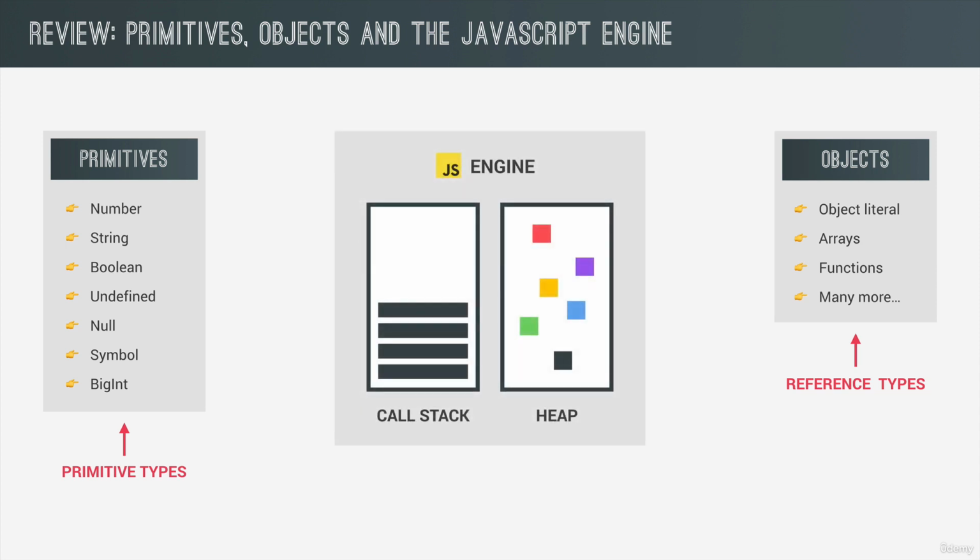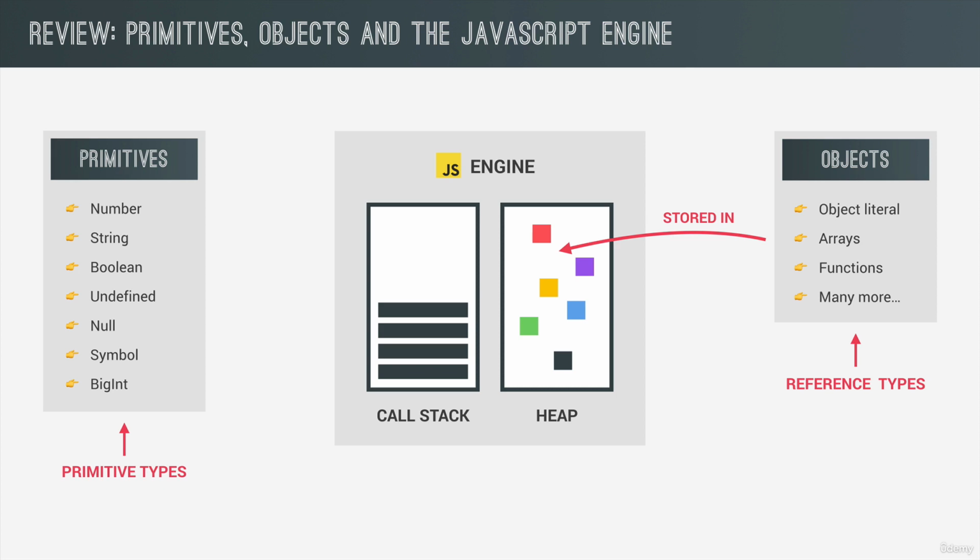Next, we need to remember about the JavaScript engine. So the engine has two components, the call stack where functions are executed and the heap where objects are stored in memory. And that's right, all our objects, or in other words, reference types, will get stored right in the memory heap. And I mentioned that when we first talked about the engine, but now you will finally learn how that actually works.